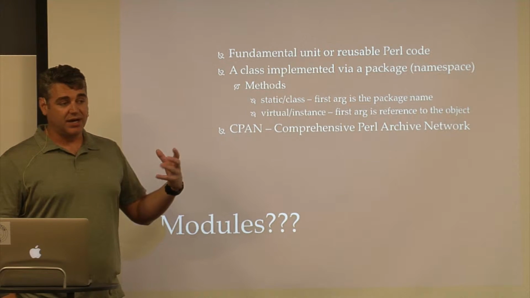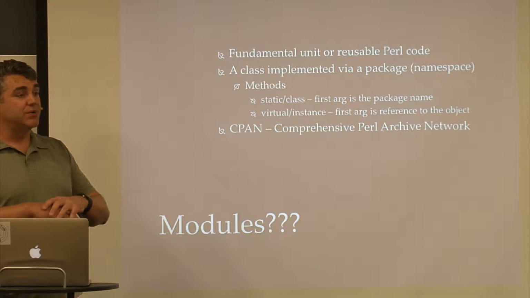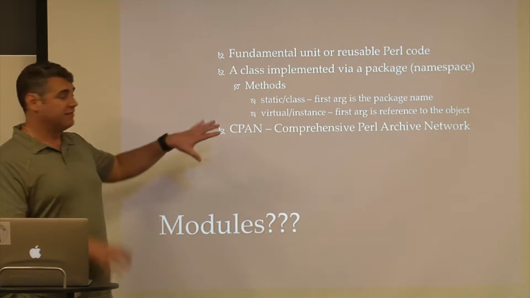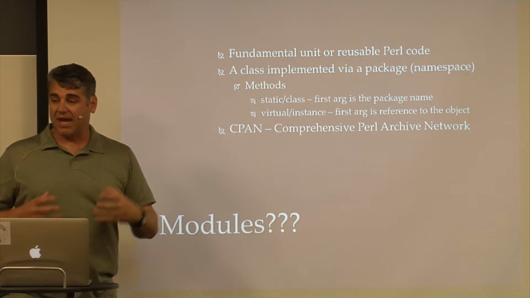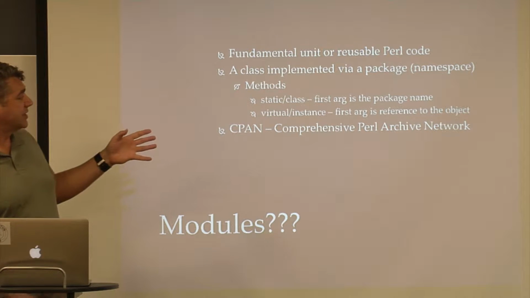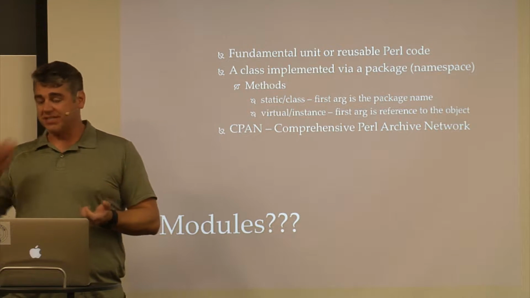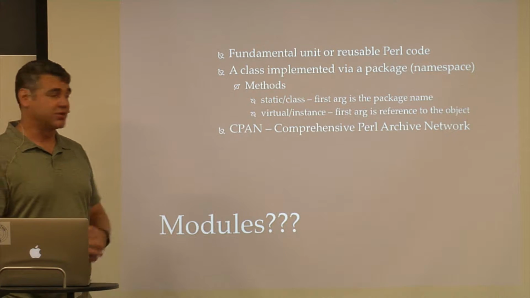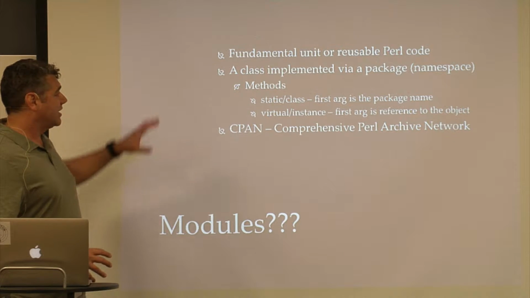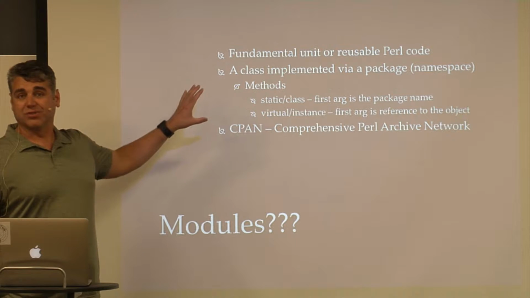That would apply to every instance of this type of class for the most part. The other is an instance manner, where the first argument is actually the object itself, and this gives you the object orientation portion. That's basically what modules are based off of.